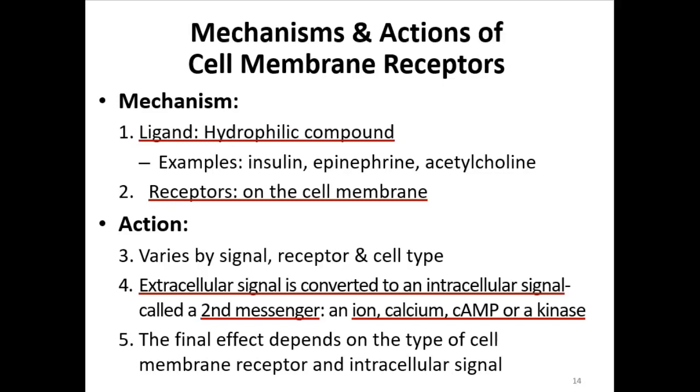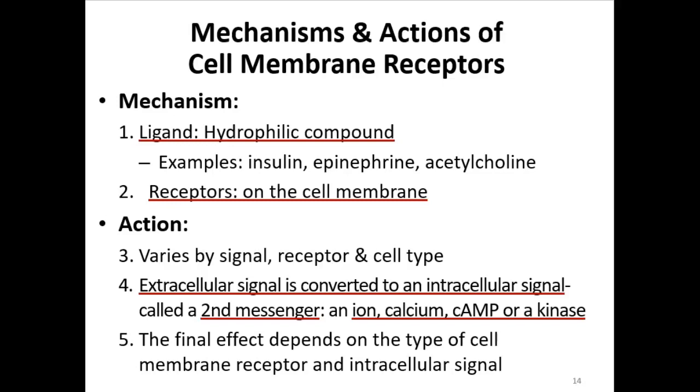We will learn that the extracellular signal is converted to an intracellular signal. That intracellular signal is called a second messenger, and it will either be an ion like calcium or sodium. It might be cyclic AMP, which is a form of broken down ATP, or it will be a kinase, which is an enzyme.